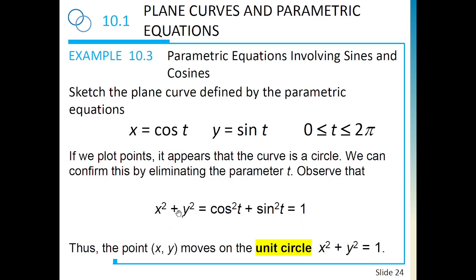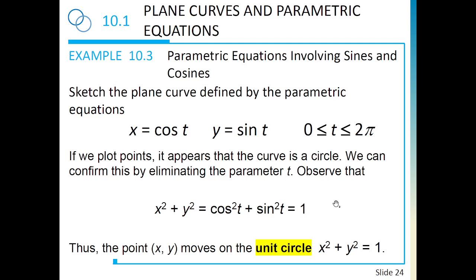So x squared plus y squared is equal to 1. This reminds us of a unit circle, a circle that is centered at x equals 0, y equals 0, and of radius 1. So that gives me immediately the shape of the curve. It is a unit circle centered at 0.